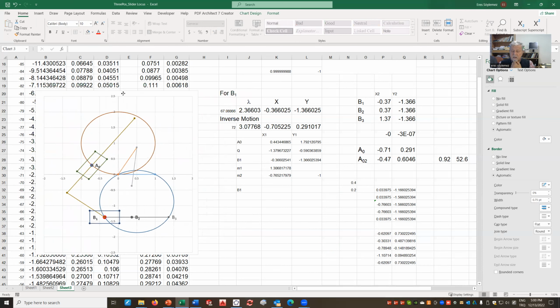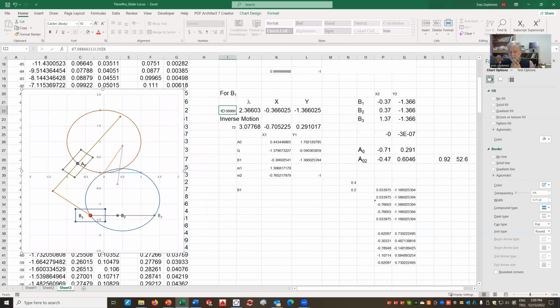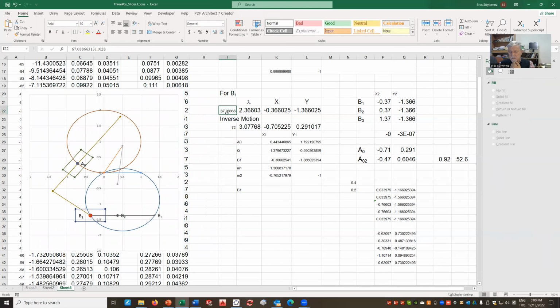And the thing is, I can change these values of lambda, whatever I want, so that I can have different conchoidal motion mechanisms generating the same motion for 3 positions. Okay, I will do the Geogebra version of this file as well. Okay, have a nice time.